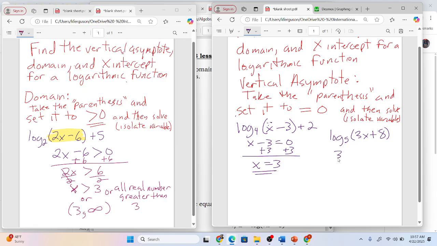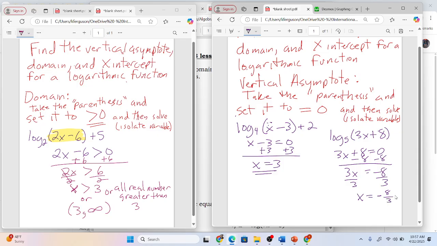So I'm going to say 3x plus 8 equals 0. And then I'm going to solve that. So I'm going to subtract 8 from both sides, and I'm going to get 3x equals negative 8. Then I'm going to divide both sides by 3. And so I get x equals negative 8 over 3.